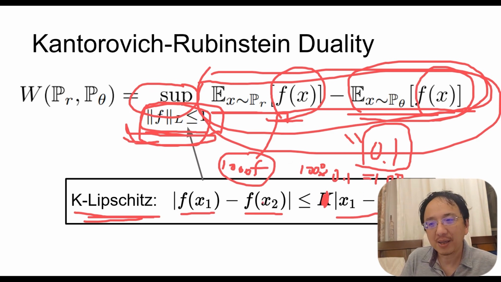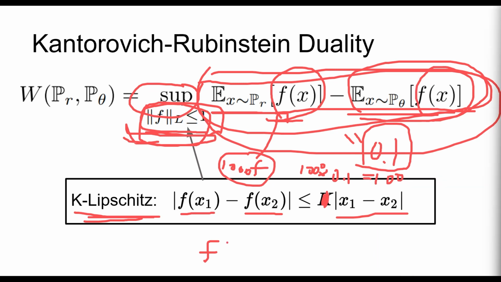So that's a restriction of the size. f must be continuous. If f is differentiable, we can let x1 converge to x2, and you will find that it is equivalent to saying f prime of x is less than or equal to 1.